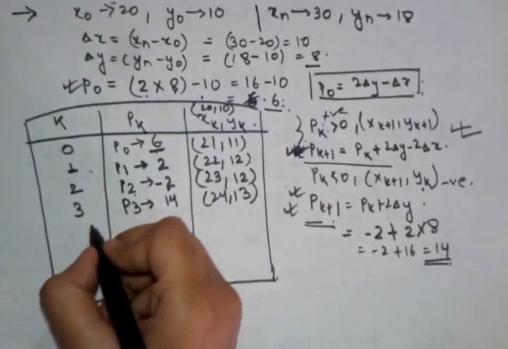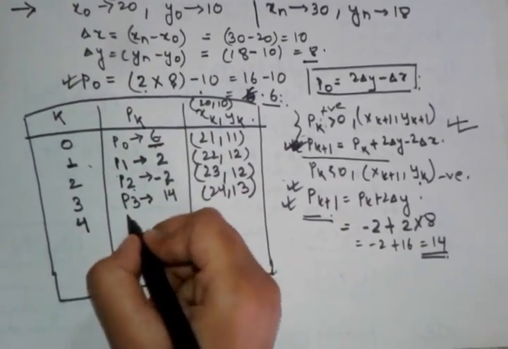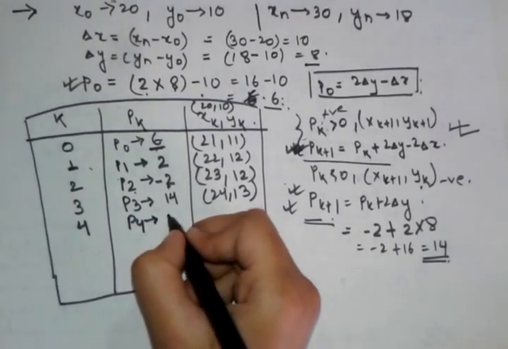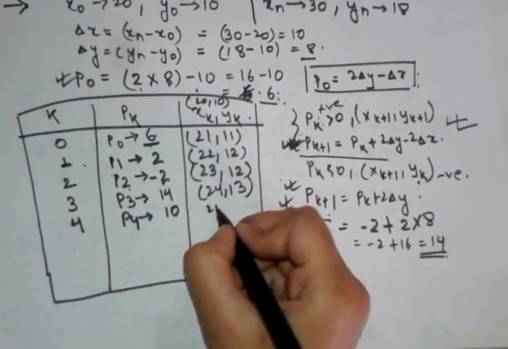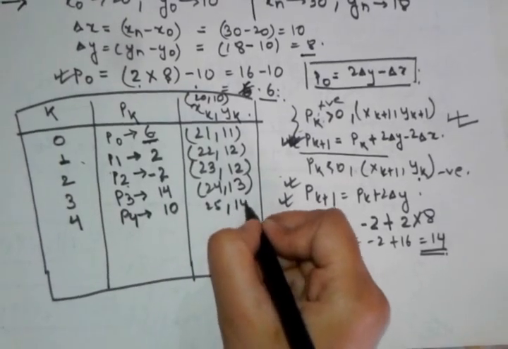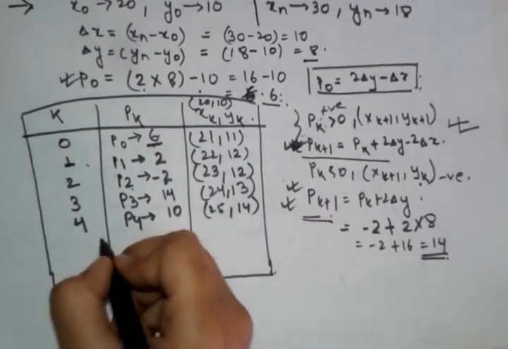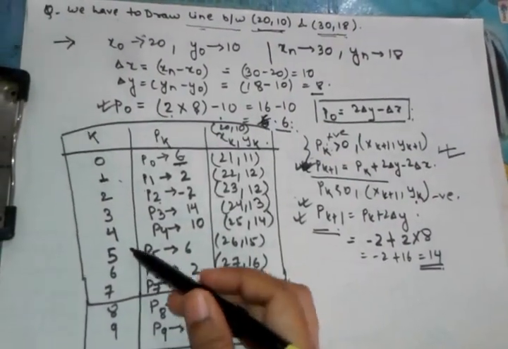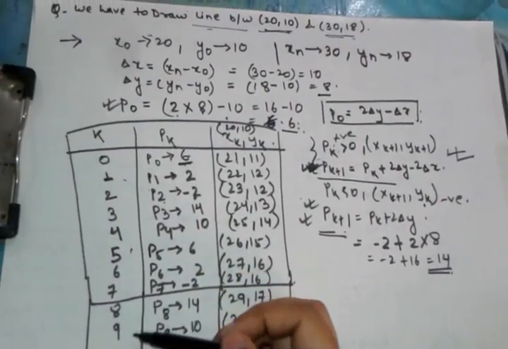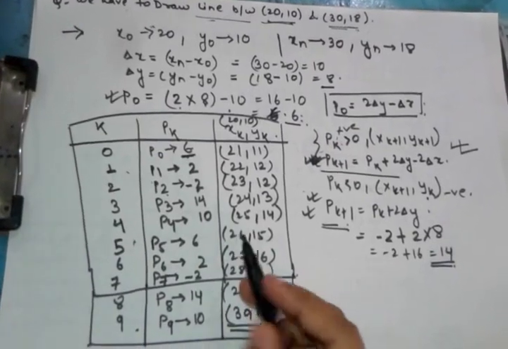Okay, so at k is equal to 4, the p4 value will be 10, and again positive, then x will increment by 1 and y will also increment by 1. By performing all this till k is equal to 9, we obtain all these values.